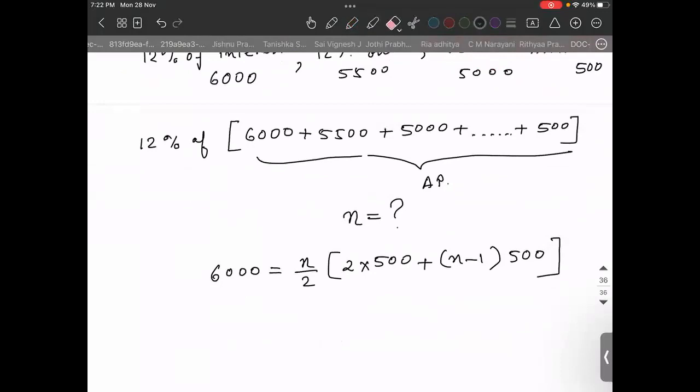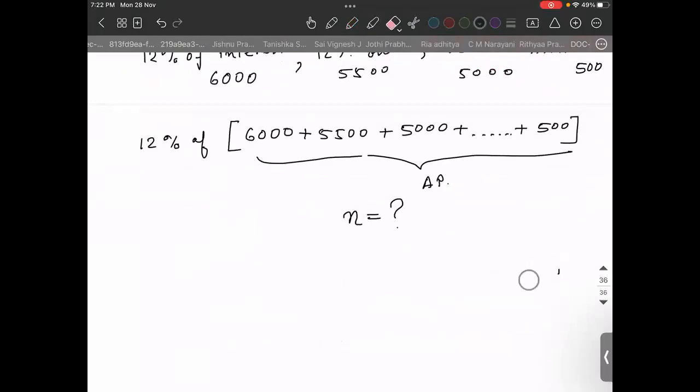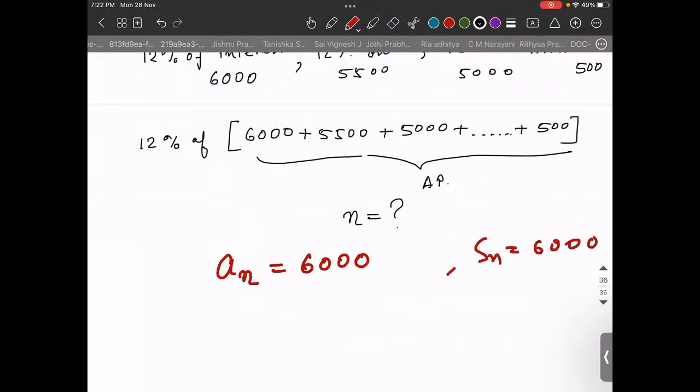AN is 6,000. Oh my God. I'm as stupid as I sound. See, this is AN is equal to 6,000. I took SN is equal to 6,000, which is incorrect. I'm sorry. This is my mistake again.